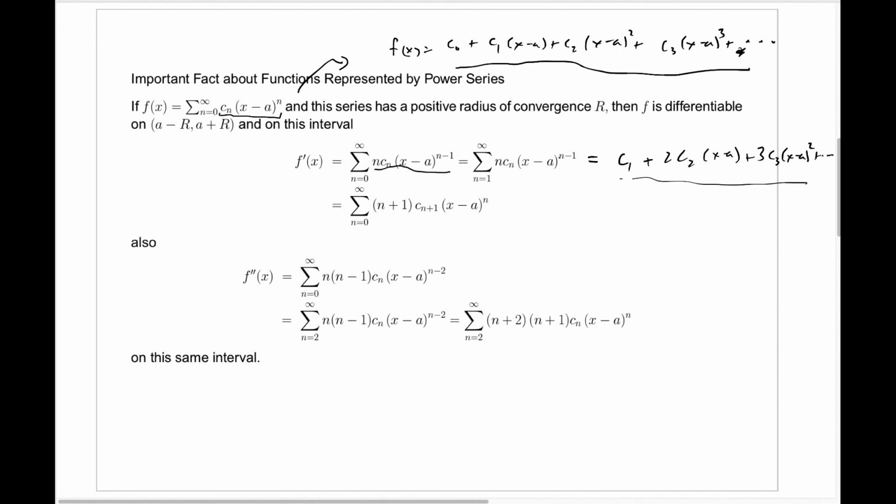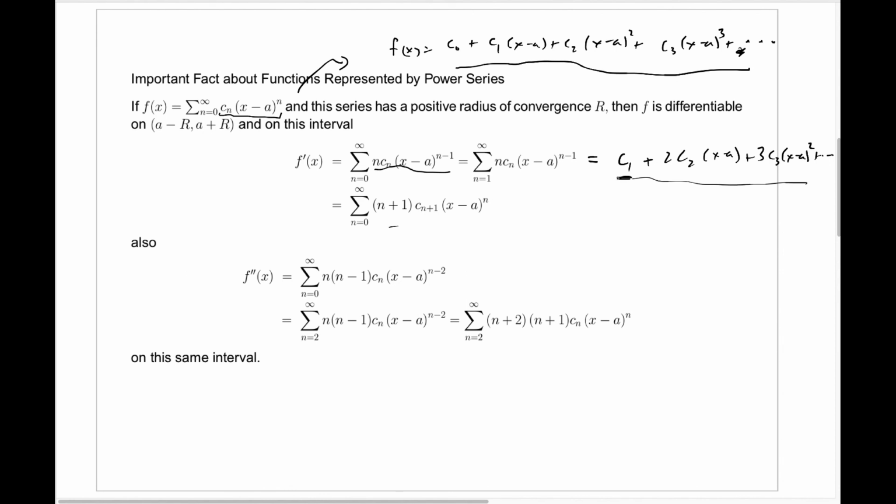So wherever you see an n minus 1 here, put an n. When you see an n, put an n plus 1. But that means I'm no longer starting when n equals 1. I'm starting when the new n is 0. So that becomes the sum from n equals 0 to infinity of n plus 1, c sub n plus 1, x minus a to the n. And check that this gives you the exact same series as this. In this case, when n equals 0, we get 1 times c sub 1 times x minus a to the 0th power.